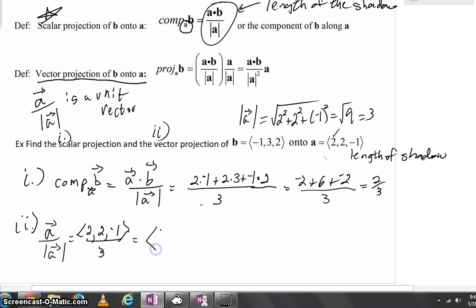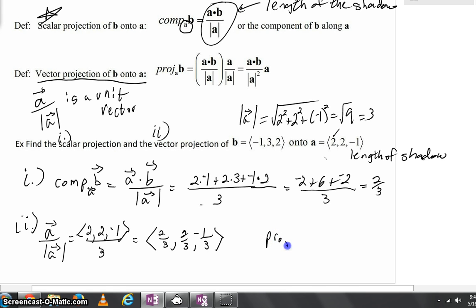So that becomes 2/3, 2/3, and negative 1/3. Okay, so I've changed this vector A by dividing by its length. This new length is 1. I could prove that with the Pythagorean theorem.